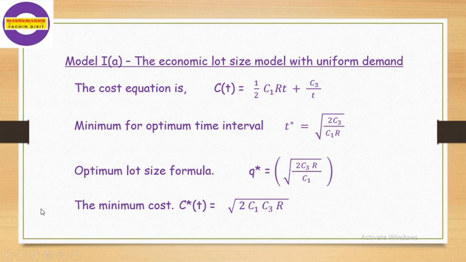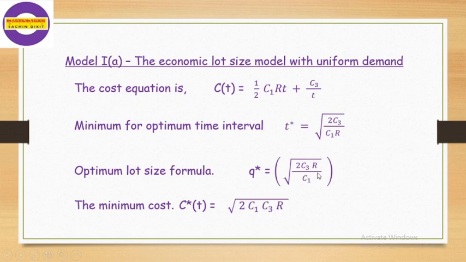If we observe these last three terms, that is optimum time interval, optimum lot size and minimum cost, we can find these three values for this model 1A if we know the value of C1, that is holding cost, the rate of demand R, and setup cost C3.